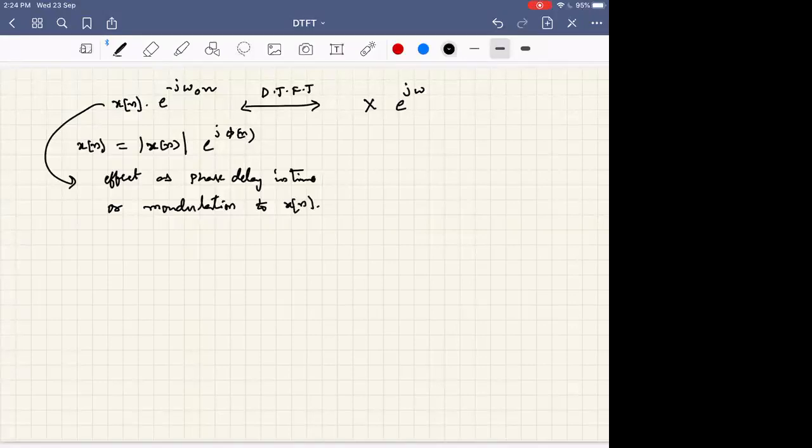Fine, is this fine? Yes, sir. Yeah, and now let us see what is its implication in the frequency domain.